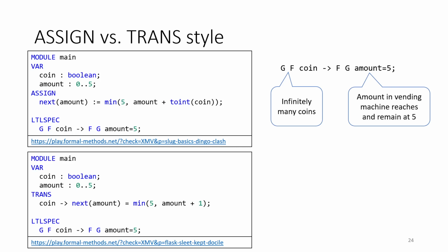It might be easier to do this with the trans block, because then you just write different constraints that you want to be true, and the combination of all these constraints is all your different cases. So you don't have to come up explicitly with all the things that influence the value of amount and put them all on the right side. With the trans, you can say, well, the coin influences amount, maybe no coin also influences amount, maybe the reset influences amount, stuff like that.